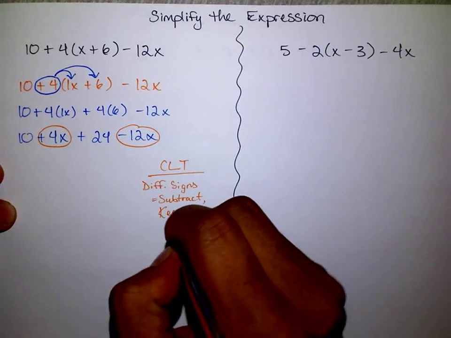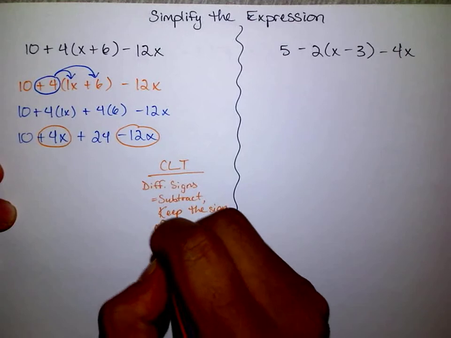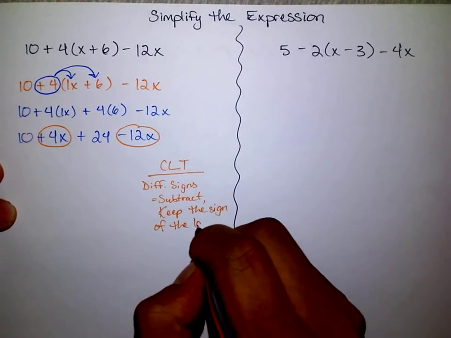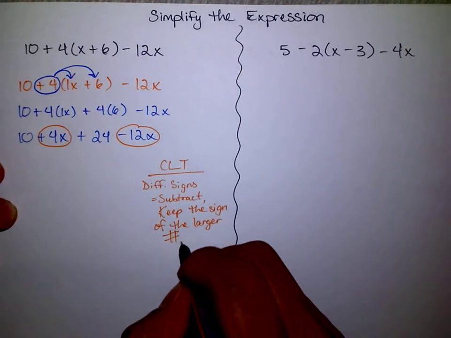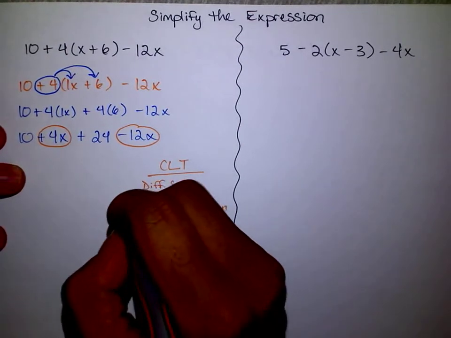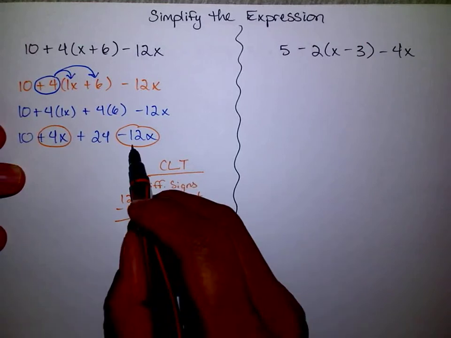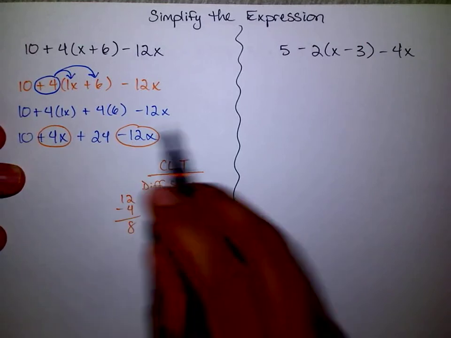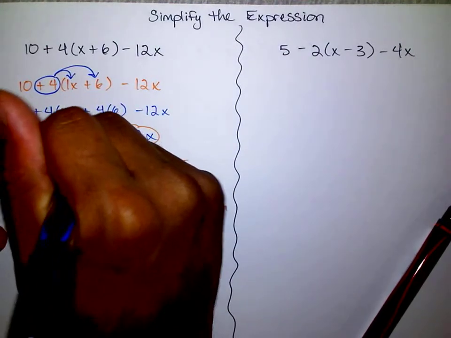Keep the sign of the larger number. Okay? So, we're going to do 12 minus 4, which is 8. And since the 12 is larger, it's going to be negative 8. So that's going to give us a negative 8x.